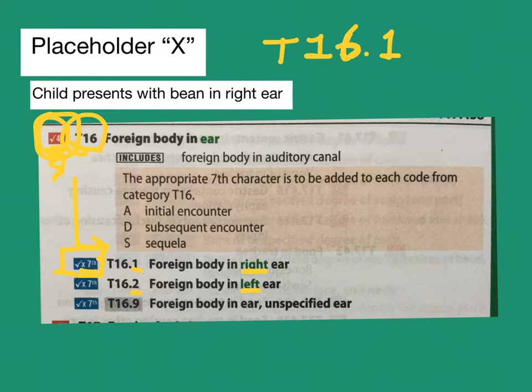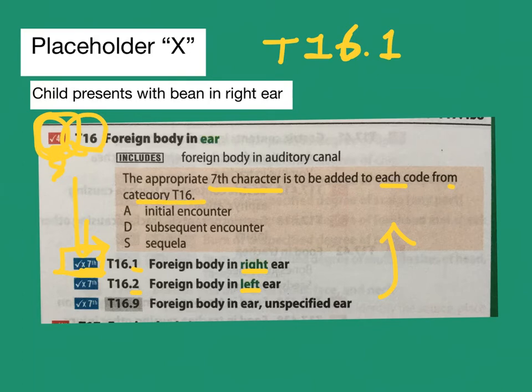We need to add a 7th character, and the X is telling us, hey, you're going to need a placeholder too. In the pink box within this category T16, we have a note. The appropriate 7th character is to be added to each code from category T16.